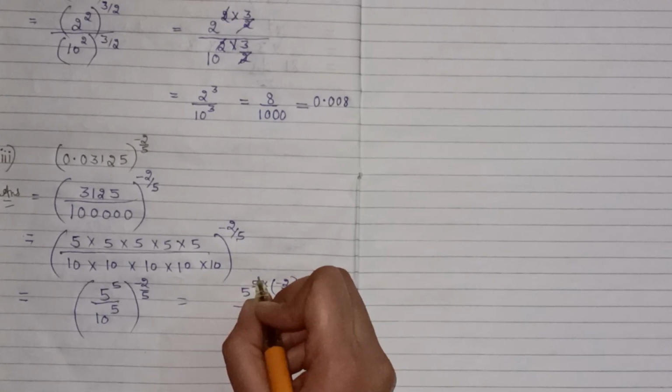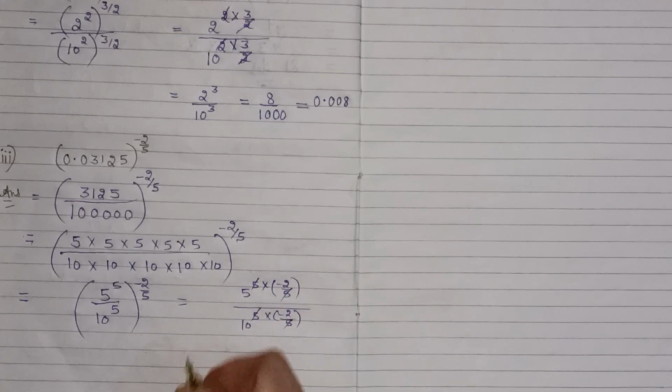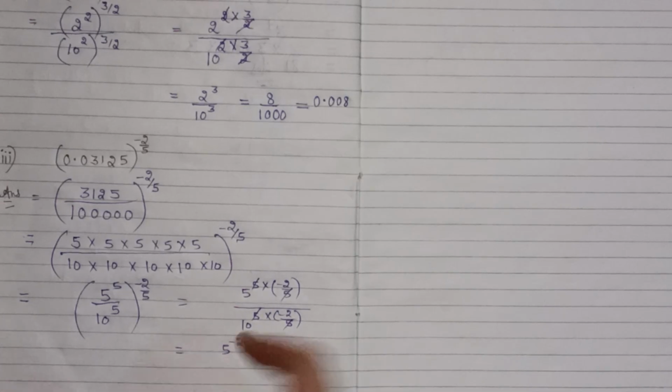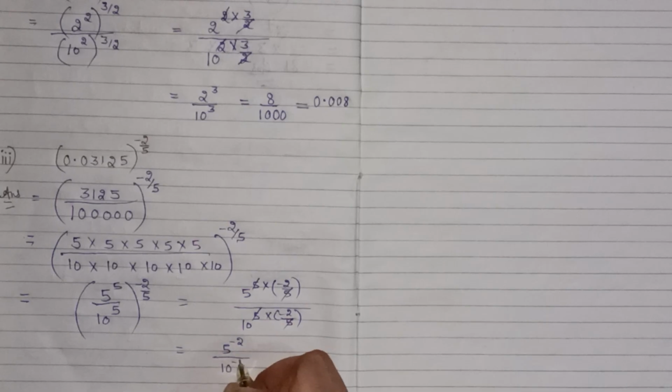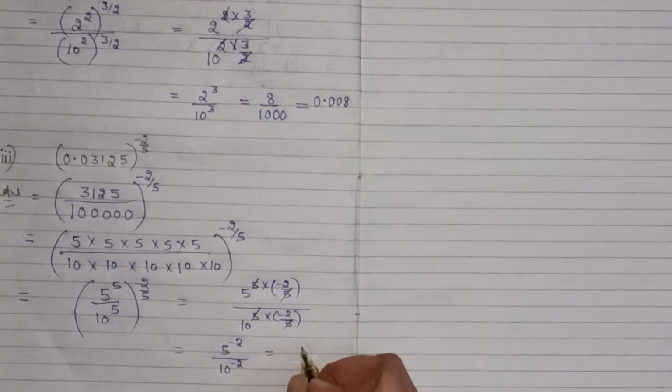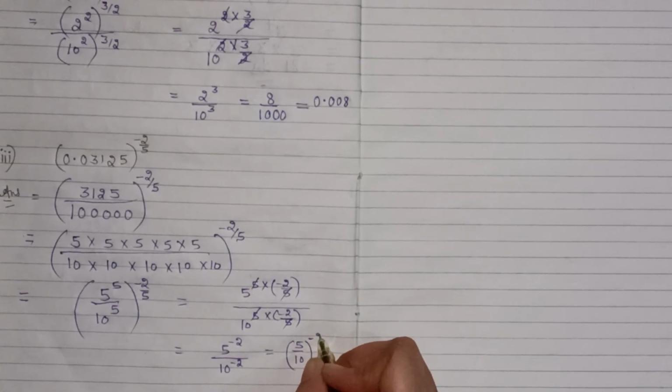This 5 cuts this 5, this 5 cuts this 5, and we get 5 raised to power -2, and in the denominator 10 raised to power -2. Both 5 and 10 have the same exponent, so I write it as 5 upon 10 raised to power -2.